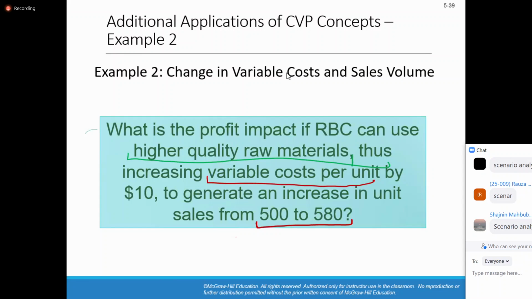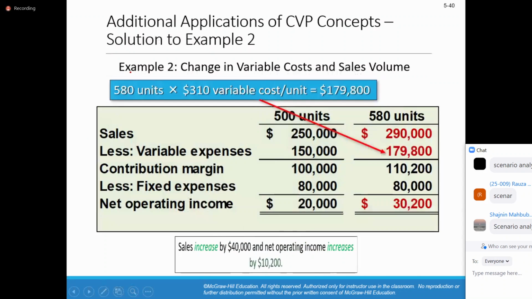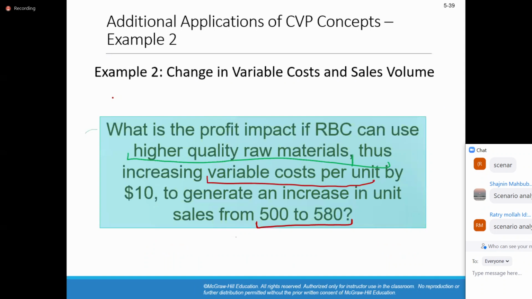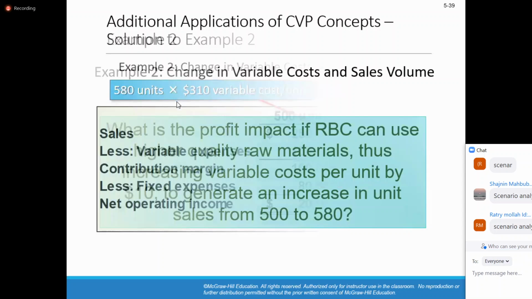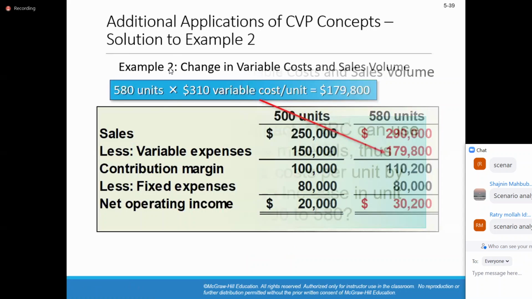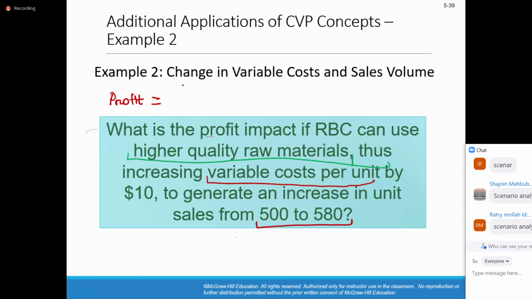Scenario analysis. So what can we do? We can use our learning in this way. Profit. We'd like to see the impact on profit. We know the contribution margin ratio is now 40%, or it has changed.